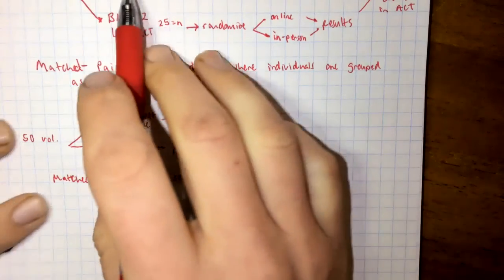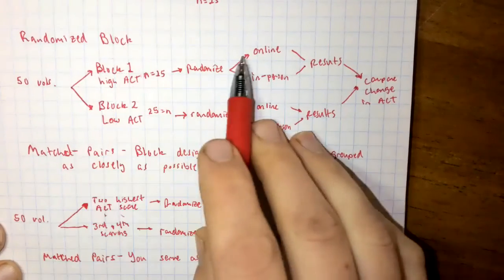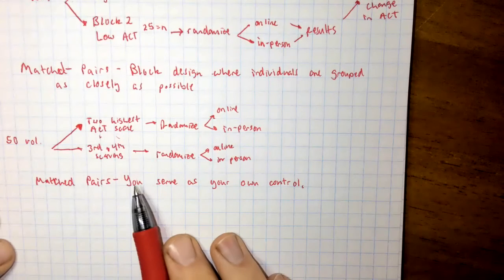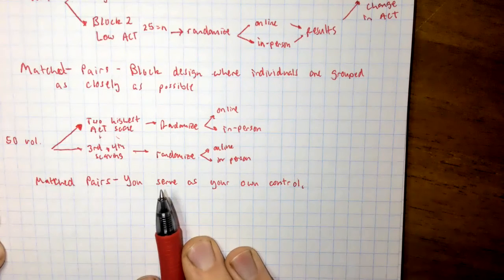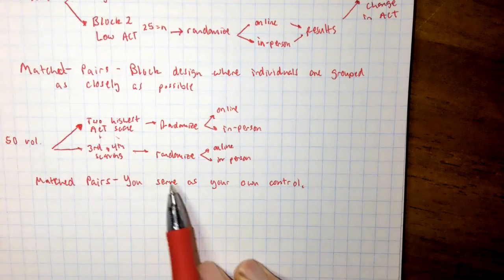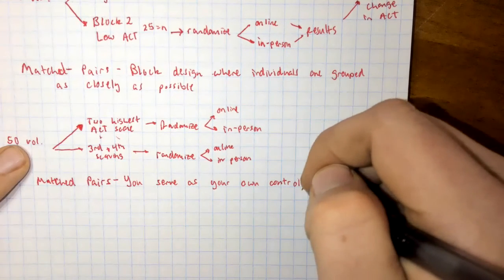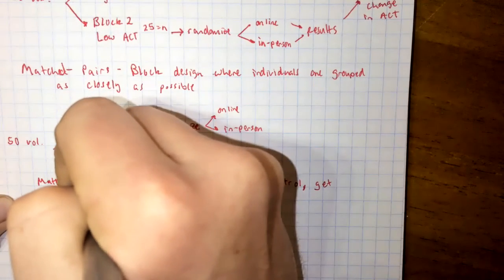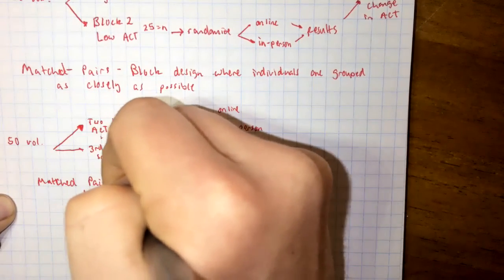You're not paired with somebody and one of the two of you get one or the other treatment. In matched pairs, you get both treatments. So I'm not going to be paired with anybody. I more have a pair of treatments that I'm getting. That's really what it means. So you get both treatments and see how you respond.